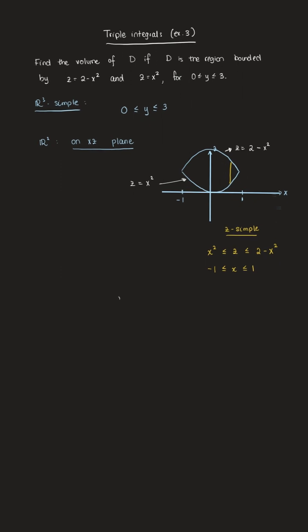So our inner integral is with respect to y from 0 to 3. Our integrand is 1 because we're calculating volume, and this will be dy. Our middle integral is with respect to z, and that will go from x squared to 2 minus x squared.